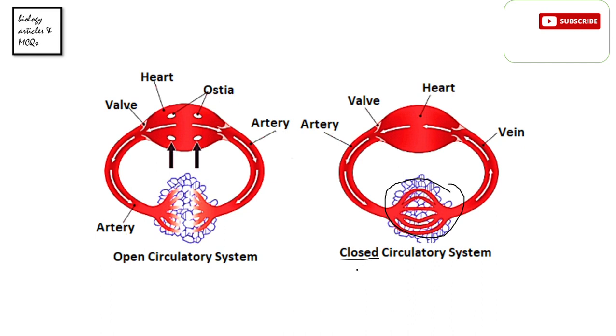Well, in comparison to the closed circulatory system, in the open circulatory system, as there are no capillaries present here, the exchange of nutrients and waste products between the blood and the tissue will occur when the blood directly bathes the tissue. Means the blood is flowing here towards the organ, and it will pour the blood directly into the organ, and then when the blood is poured directly into the organ, the exchange of the nutrients and waste product will take place here.